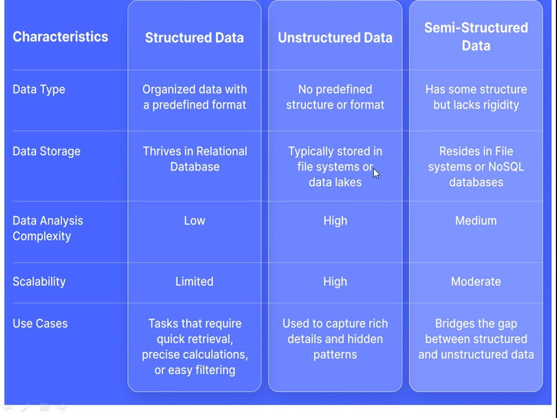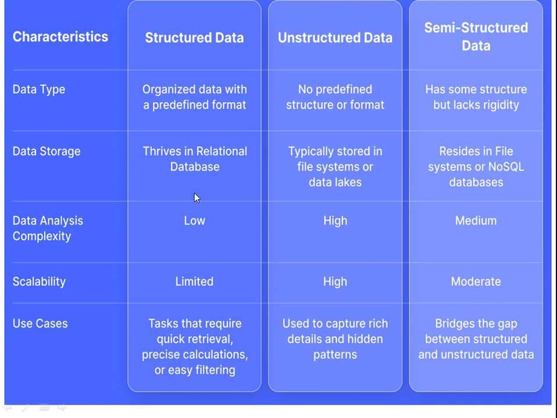Unstructured data we normally store in file systems or data lakes, and semi-structured data we can use in file systems or NoSQL databases. Data analysis complexity is very low in structured data, very high in unstructured data because of the lack of structuring, and medium in semi-structured data. The scalability is limited in structured data, very high in unstructured data, and in between in semi-structured.